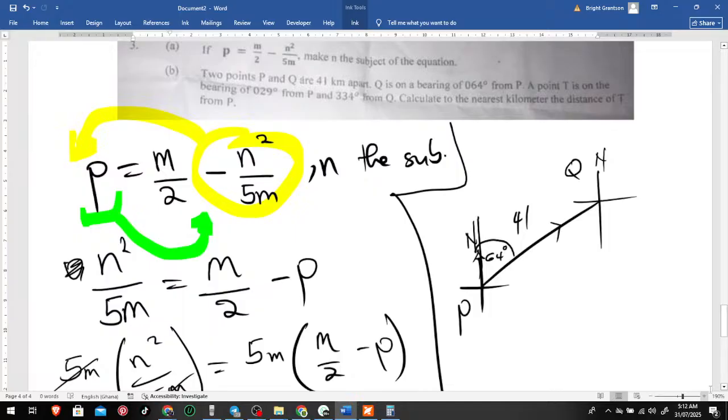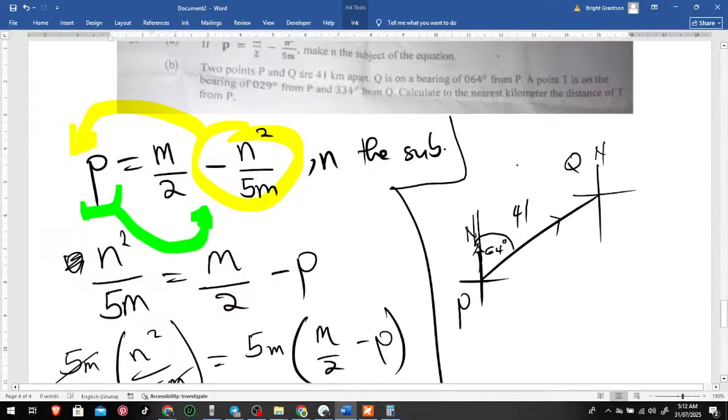Now, a point T is on the bearing of 29 degrees from P, and 334 degrees from Q. So if you read here 29, that line will be here. Let me use shapes.